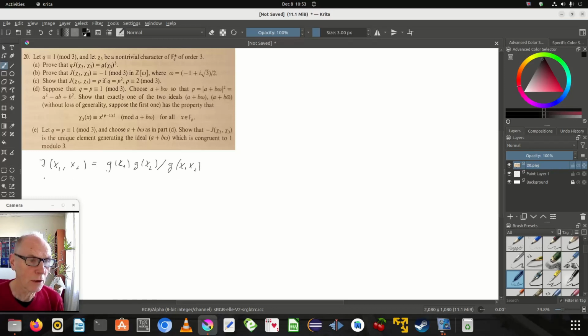And it works if chi2 is distinct from chi1 bar. And that's the case if chi1 is set to, or chi2 is set to chi1, then they are distinct.